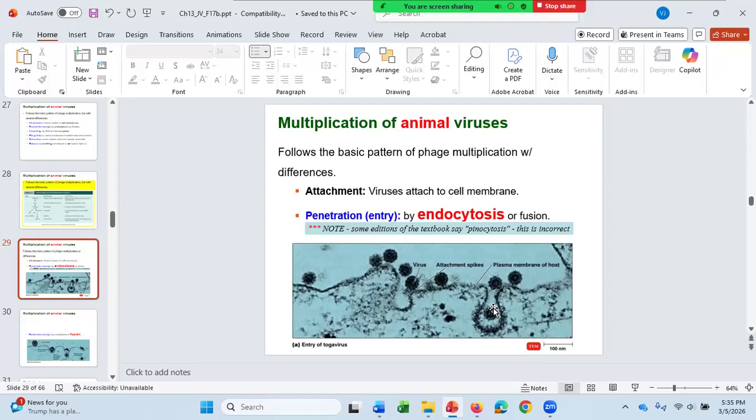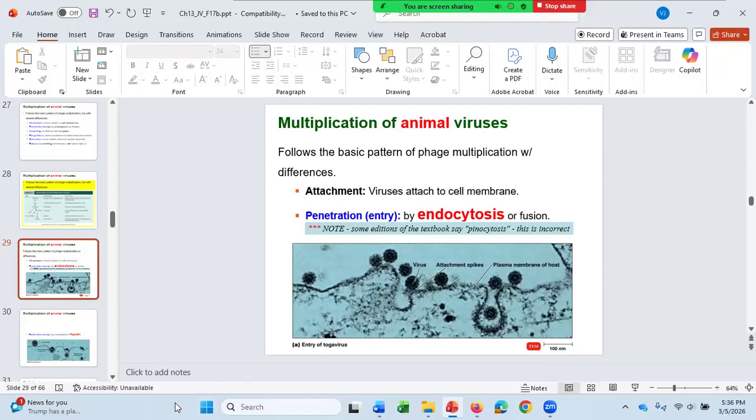Any question about that? If you've taken A and P, you know that when a ligand attaches to the cell membrane, the cell membrane frequently will undergo endocytosis, invaginating like that, and then separating into a vesicle, and the cell membrane will reform, and that will bring the ligand into the cell. The same thing happens with the virus.